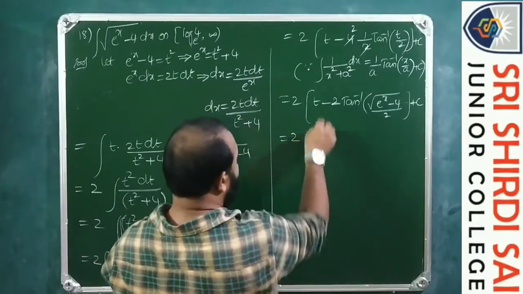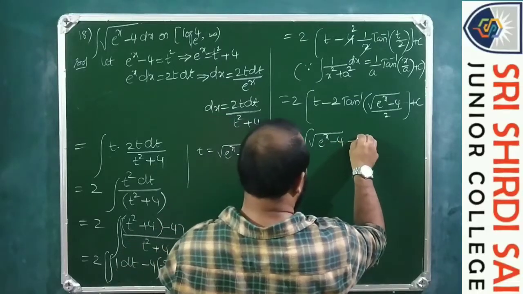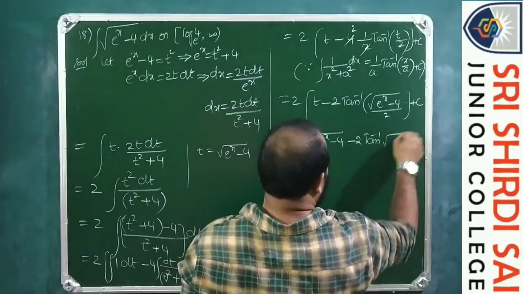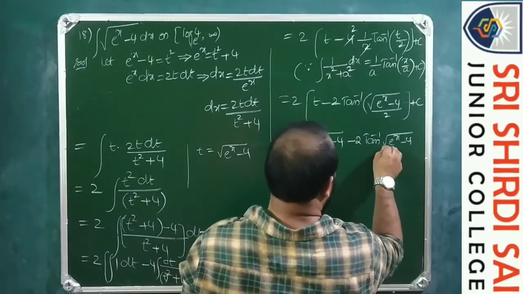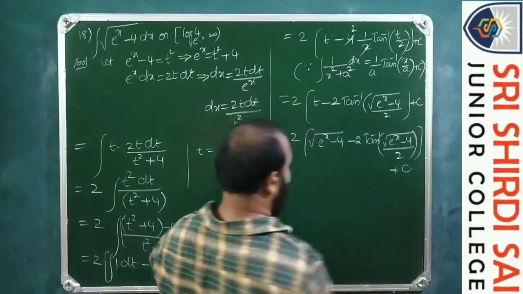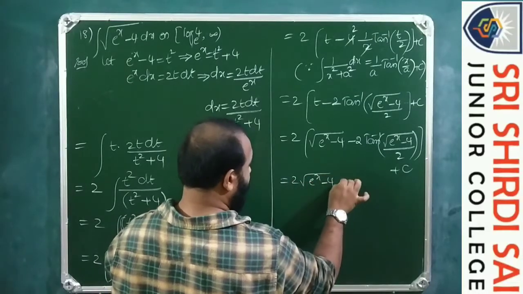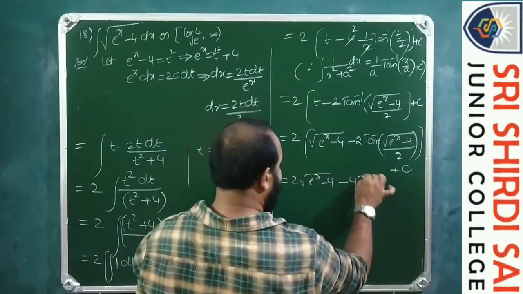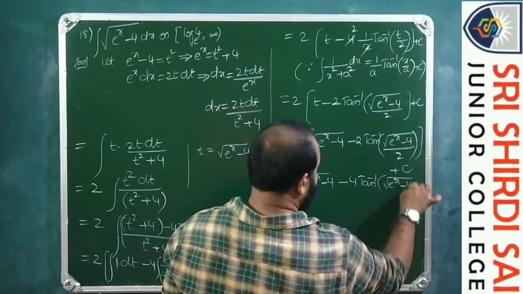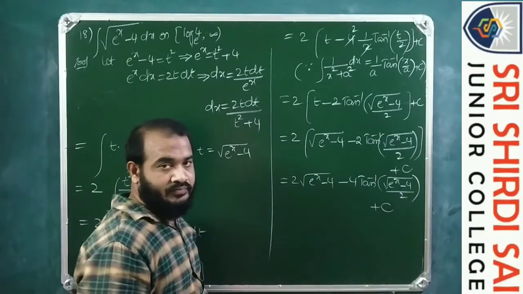So 2 into t, which is root of e power x minus 4, minus 2 tan inverse of root of e power x minus 4 by 2, plus constant of integration c. This further implies 2 root of e power x minus 4 minus 4 tan inverse of root of e power x minus 4 by 2, plus constant of integration c.